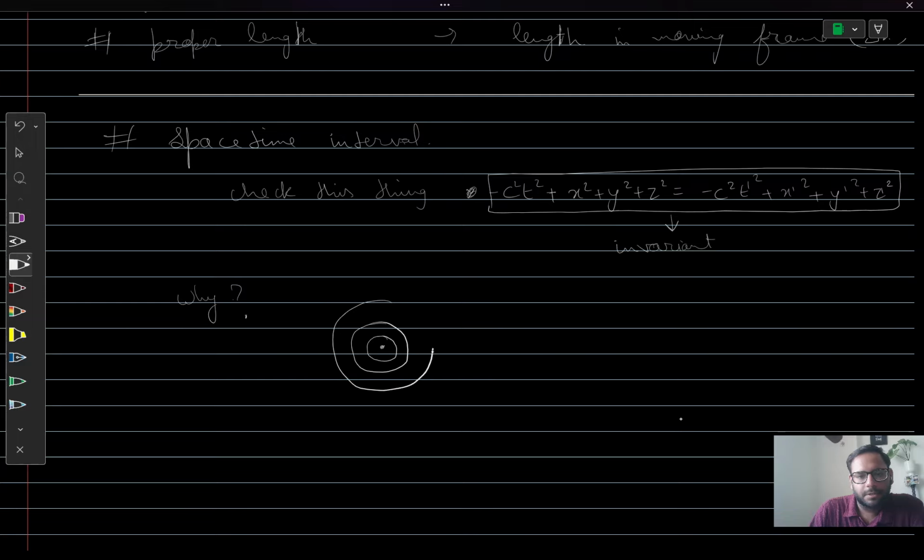In time t it will cover this distance O to P. So in the S frame the speed of light will be OP divided by the time taken, that is t.